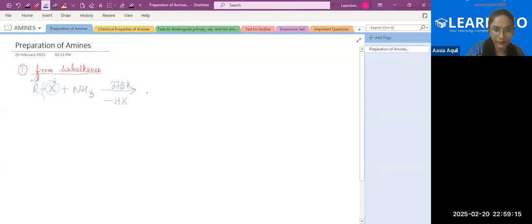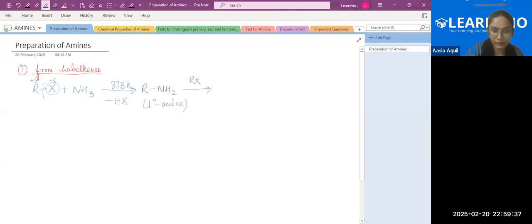And first you will get a primary amine. Again, when you do the same process, just treat it with RX, the same procedure will occur.